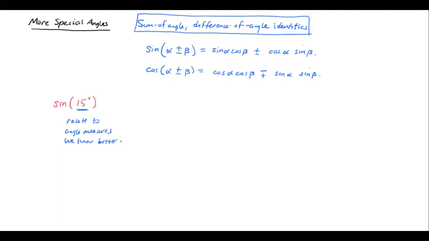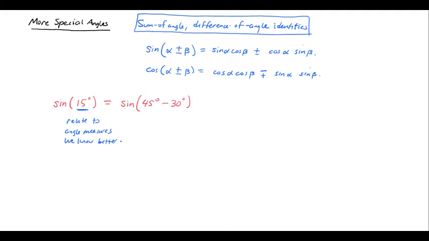Okay, and the way I'm going to do that specifically here is I'm going to rewrite sine of 15 degrees as the sine of a difference of two angle measures whose sines and cosines I know exactly. Those are 45 degrees and 30 degrees. 45 degrees minus 30 degrees is certainly 15 degrees.